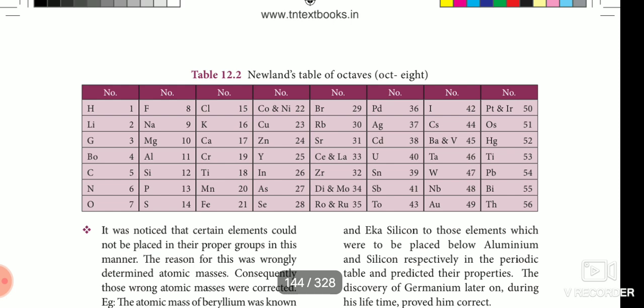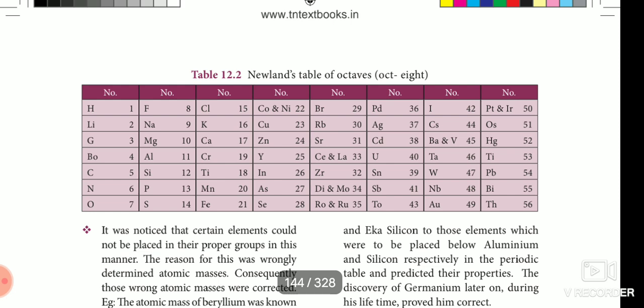Then this law is not applicable for elements with atomic masses higher than calcium. The atomic mass of calcium is higher than that of the other elements in the table.